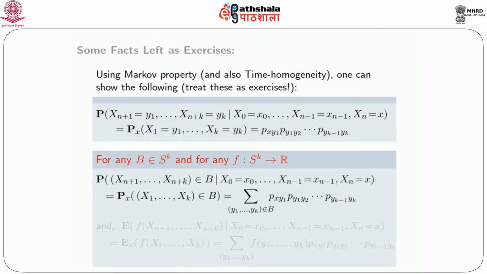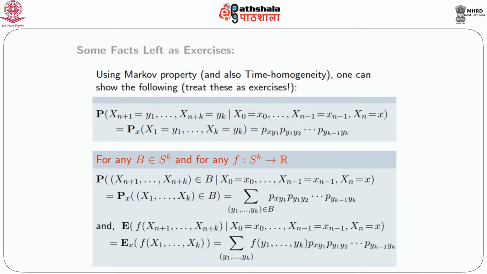And here, for any B in S to the k, look at the event that Xn+1 etc. Xn+k, this k-tuple, belongs to the set B. That's an event determined by the k many steps after time n. You want the conditional probability of that event given the past history up to time n and the present state is x. One can easily show, by using the Markov property, just writing down this conditional probability, that it's this.